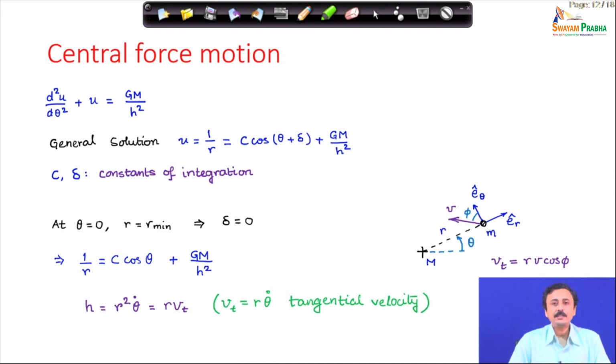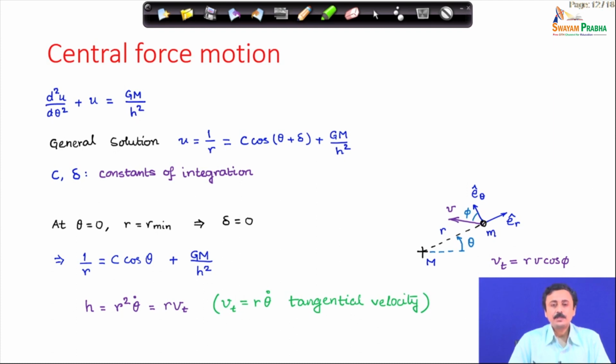Recall that we had studied this differential equation given at the top, which represents the motion of a particle in central force field with a transformation that u is 1 over r, the radial coordinate, and the solution that we had is c cosine theta plus delta plus GM by h square.